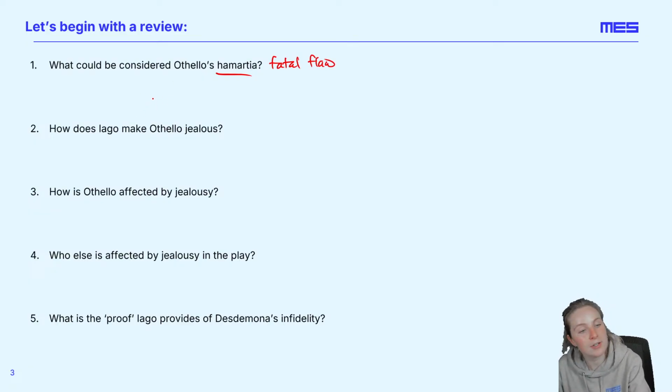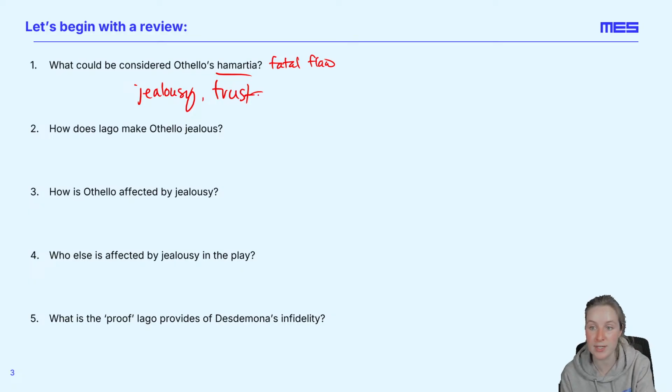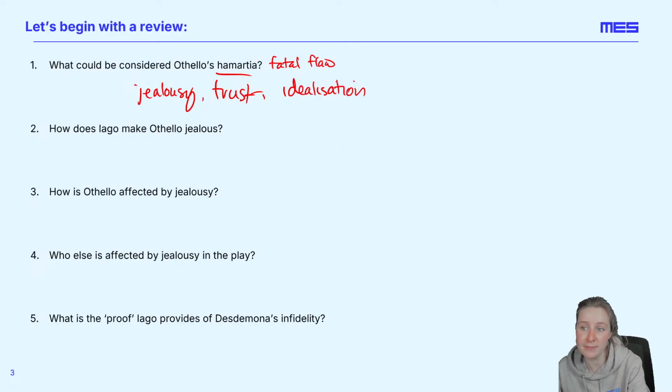Traditionally it's considered his fatal flaw is jealousy, but we can also absolutely consider it to be his trust, right? Putting his trust in the wrong person. His idealization, perhaps, of Desdemona.